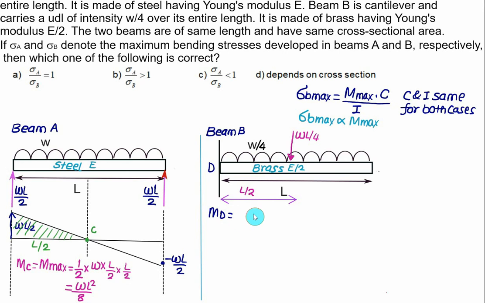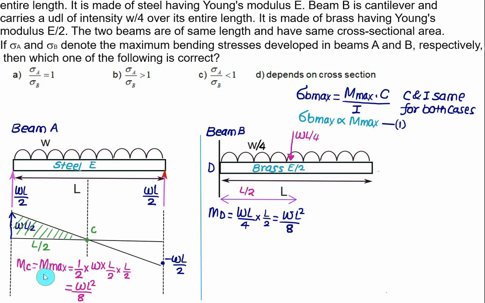So the maximum bending moment at point D will be equal to WL by 4 multiplied by L by 2, that is equal to W into L square divided by 8. Now, as far as equation number 1 is considered, the bending stress is proportional to the maximum bending moment.